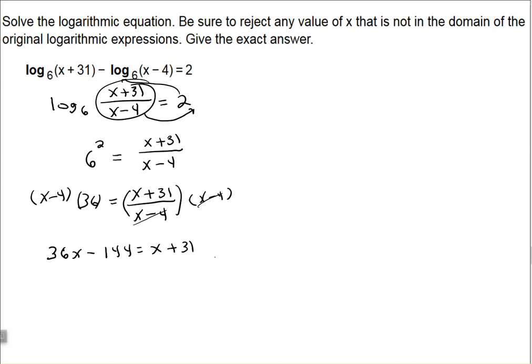Okay, so I'm going to make two moves at one time here. I'm going to subtract 1x from each side, and then I'm going to add 144 to each side.